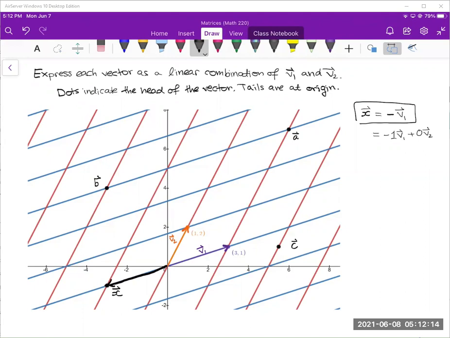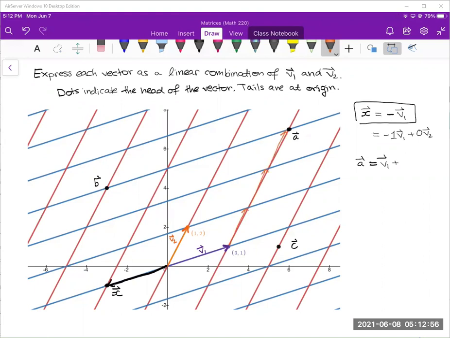Okay, next up, let's take a look at the vector a. So if we think about how we could get to vector a here, traveling only in the directions of v1 and v2, one way you might see us getting there is to go first the vector v1, and then at the end of vector v1, going along the vector v2, and then v2 again, and then v2 again.